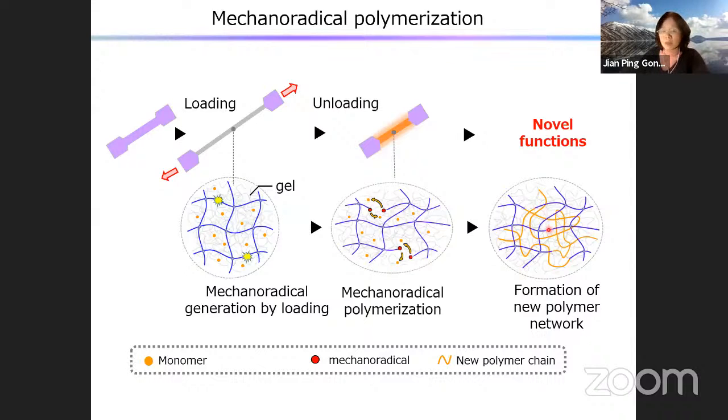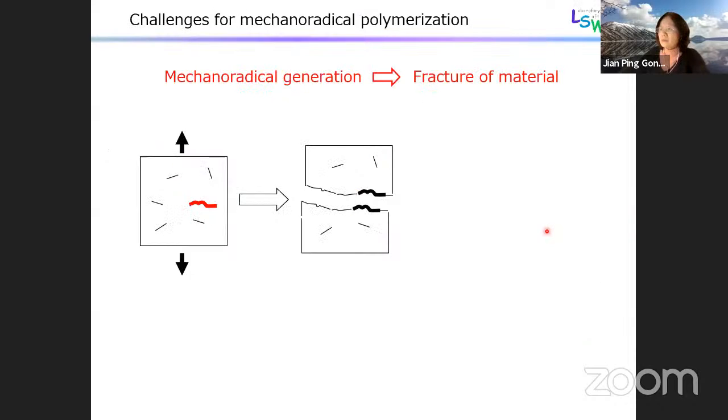The idea is good, but it is actually quite challenging if we want to use mechanoradicals. This is because mechanoradical generation means the fracture of the materials, the fracture of polymer chains.